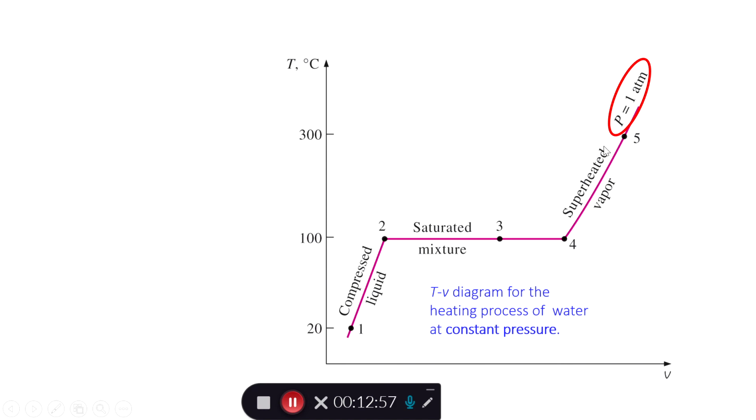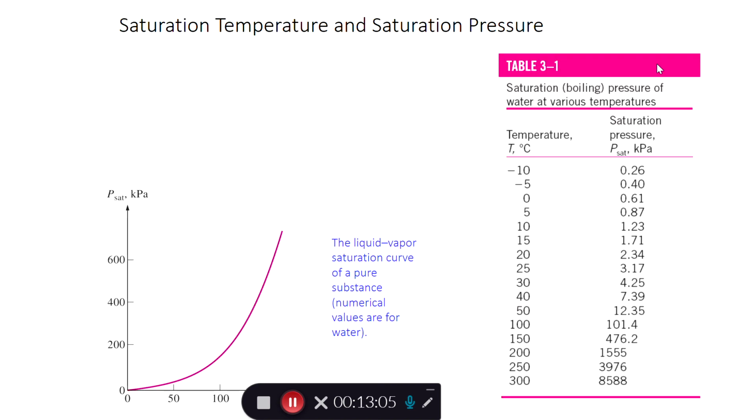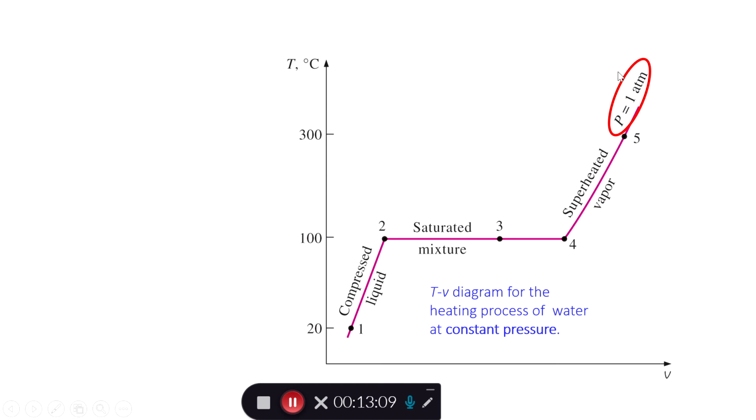Because of that, we call this line a constant pressure line. And it's not only 1 atm that you get this line. You will see that in the next videos.